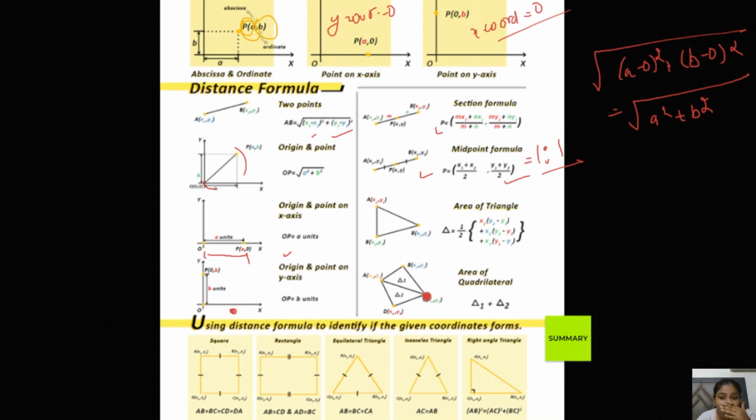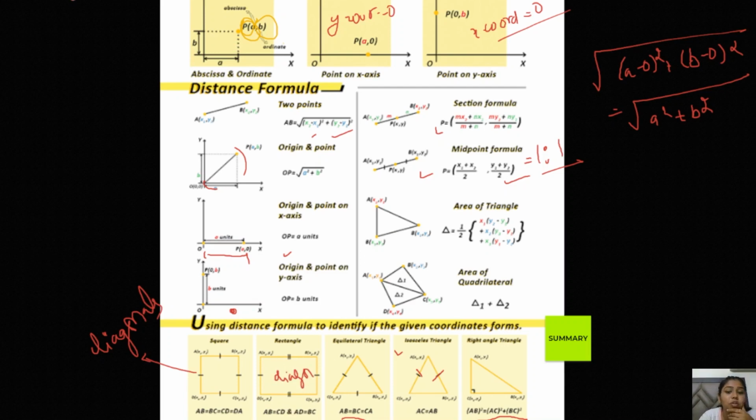Now these are the conditions to use when you have to prove things about a given triangle or quadrilateral. To prove a triangle is isosceles, you have to prove two sides are equal. For a right triangle, you just have to prove the Pythagoras theorem. For an equilateral triangle, all the sides are equal. For a square, all the sides are equal and the diagonals are also equal. For a rectangle, the opposite sides are equal and the diagonals are also equal.